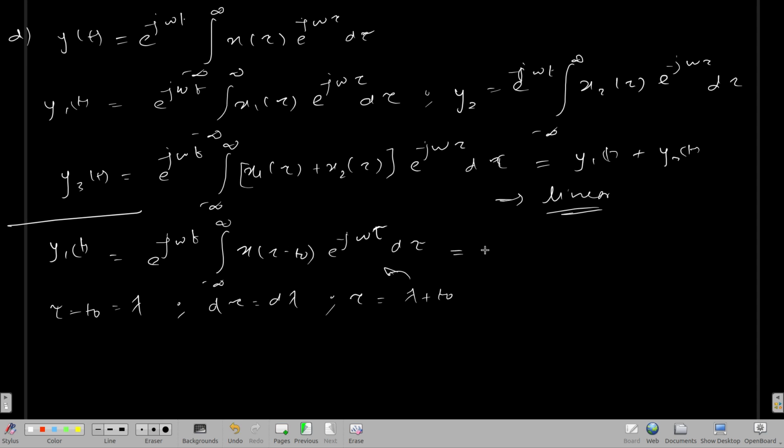It will be e to the power of minus j omega t, integral from minus infinity to infinity, x of lambda e to the power of minus j omega (lambda plus t0) d lambda. Okay, let's call it equation 1.